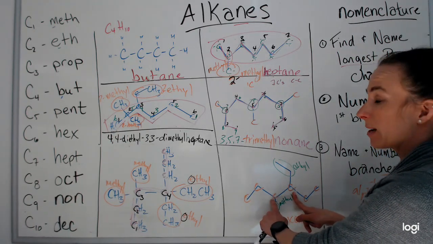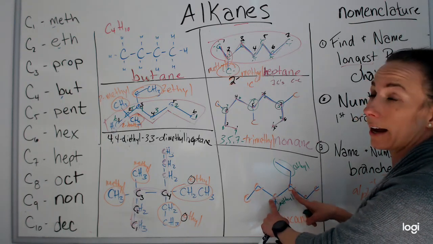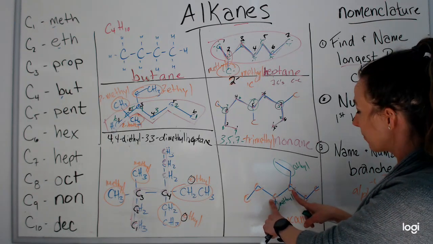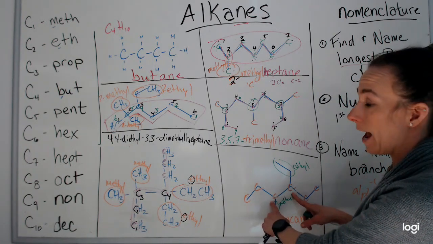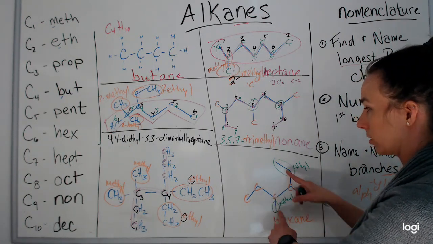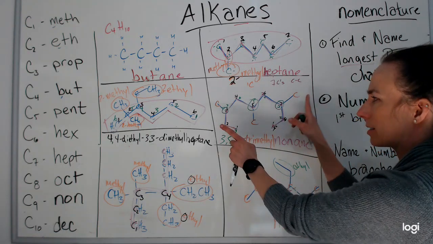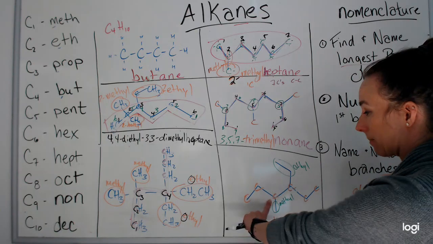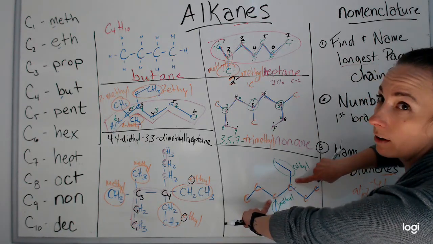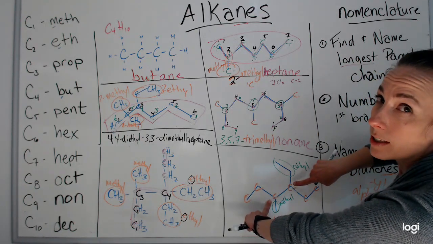So who gets to be carbon 3, this guy or this guy? Well, the rules say that if there's a tie for a branch, and they're not the same branch, this one's an ethyl, this one a methyl. Earlier we had a tie, but they were all methyls. Here the alphabet trumps again.